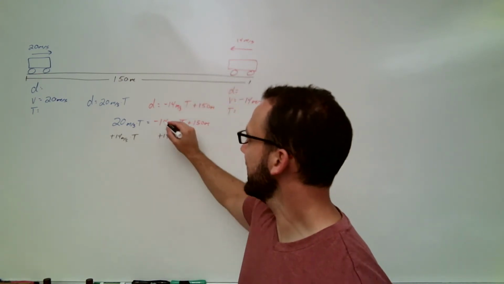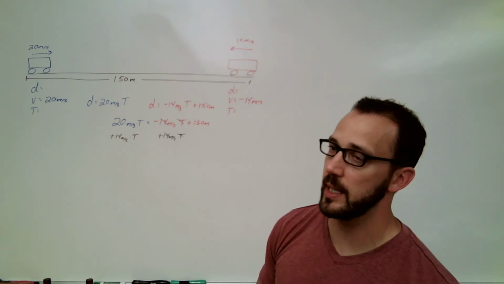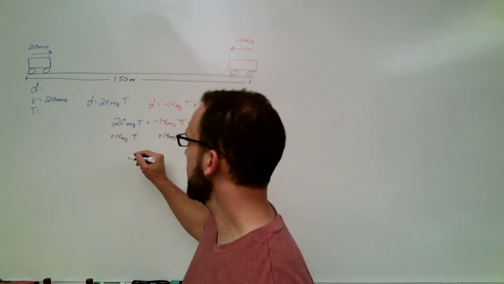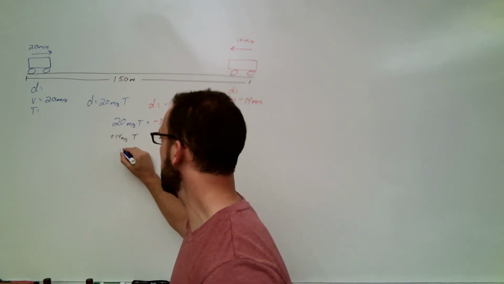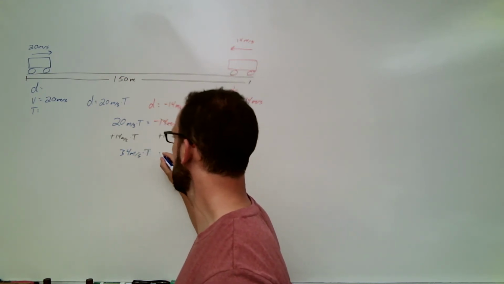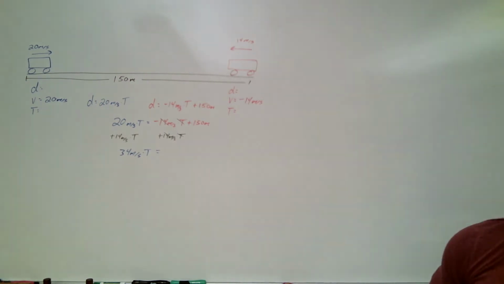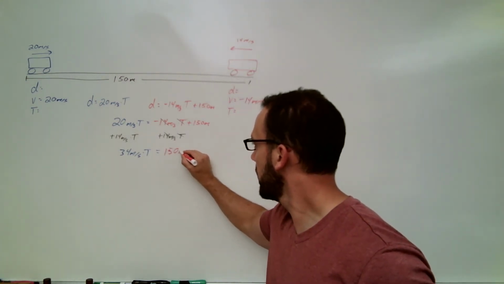By doing this, it's going to get rid of the negative 14 meters per second t that we have on the right. So now on our left side, 20 meters per second t plus 14 meters per second t gives us 34 meters per second times t. And on the right side, we still have the 150 meters.